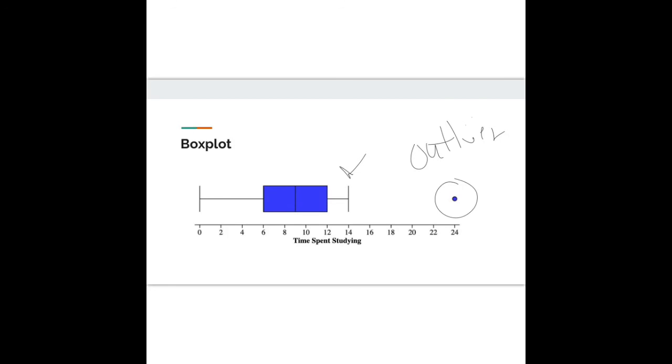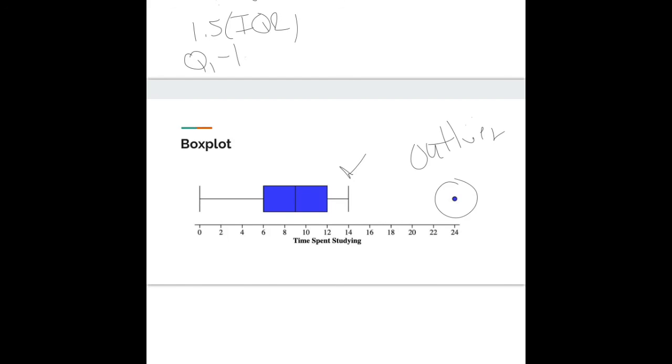This isn't from our data set. I just used this to create one that would have an outlier. The formula again for outlier is I take Q1 minus 1.5 times the IQR, and I do Q1 minus that.